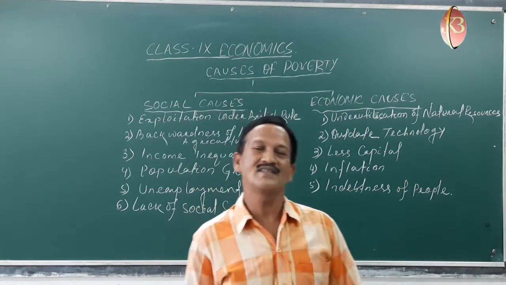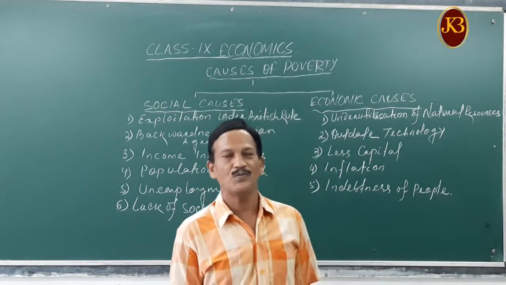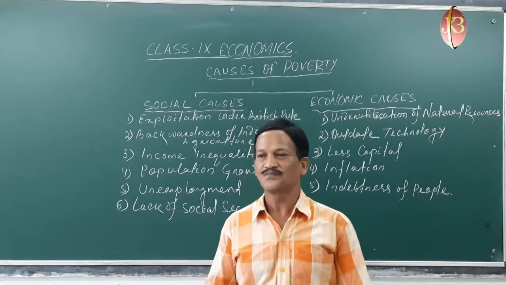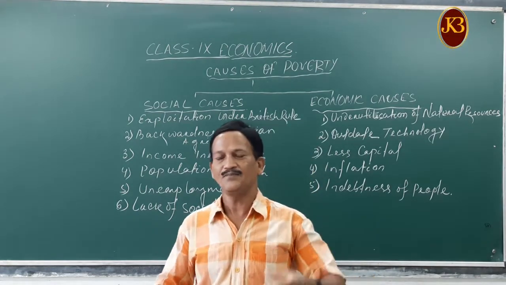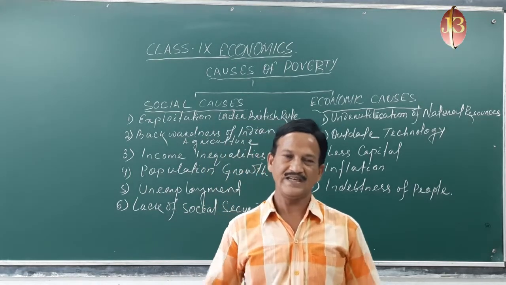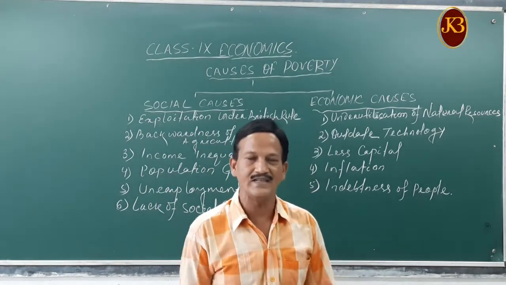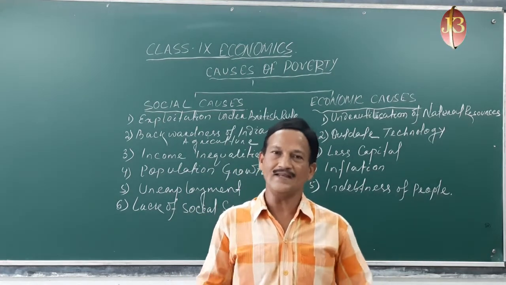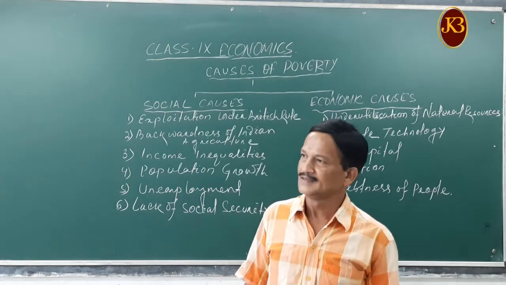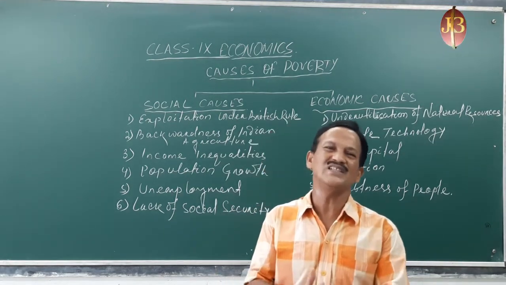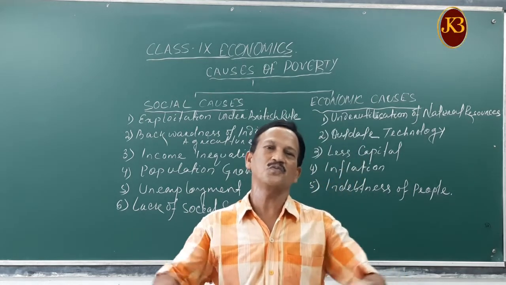Have a look at poverty. As we have seen, poverty is one of the backwardness of economic development in each and every country. When there is poverty, economic development is not so fast.